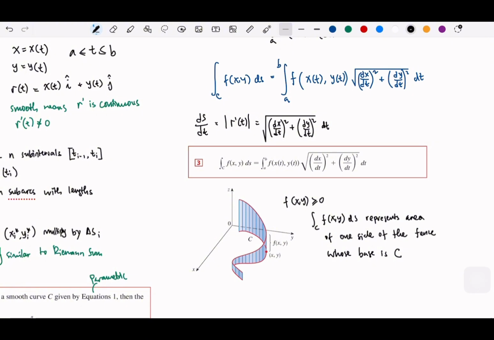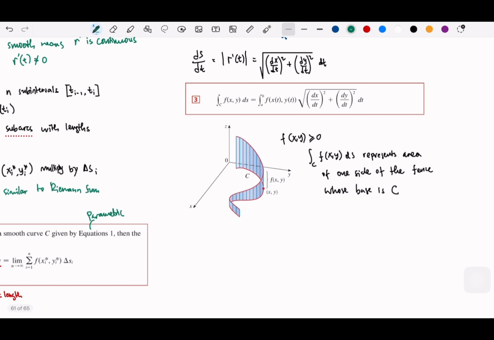But we want to make sure that the arc length for the curve is smooth. Because sometimes, for example, we can have a curve like this. It's smooth, but at some point it becomes like that, and then maybe like that.